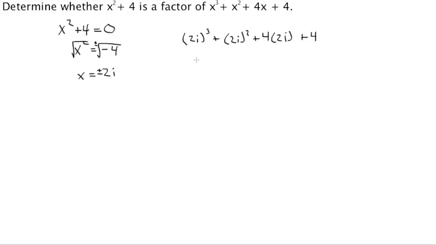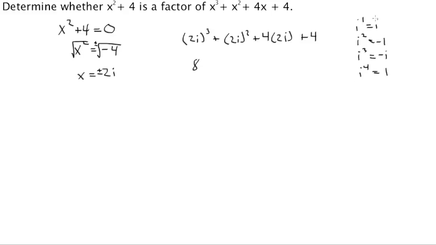So 2 cubed is going to be 8. I cubed, if you remember, i to the first power is i, i squared is minus 1, i cubed is minus i, and i to the fourth is just 1.